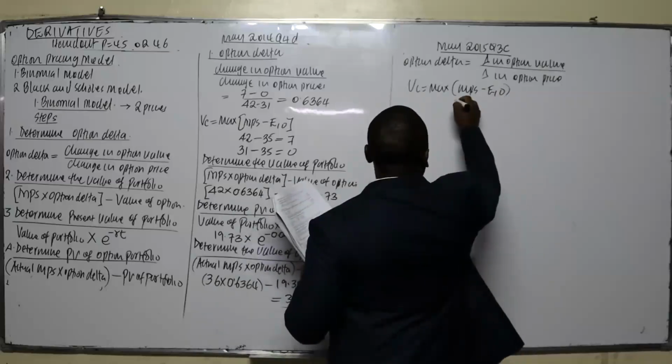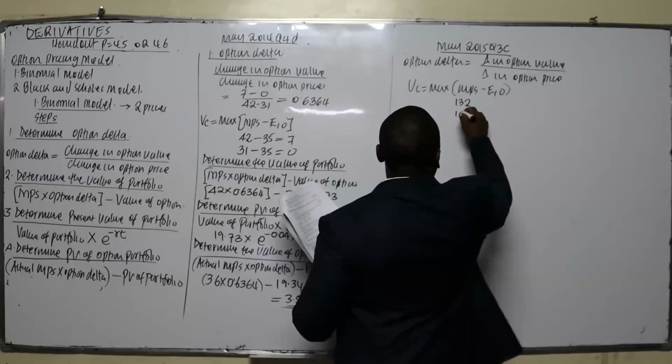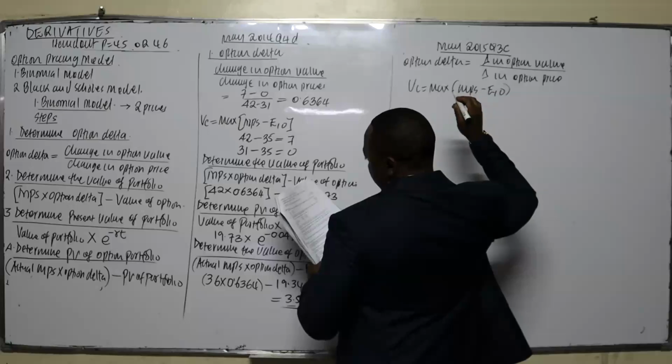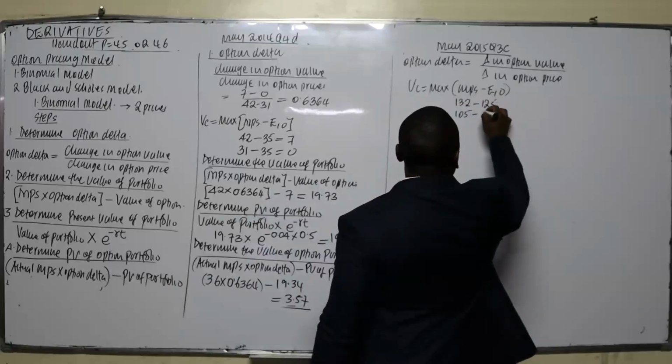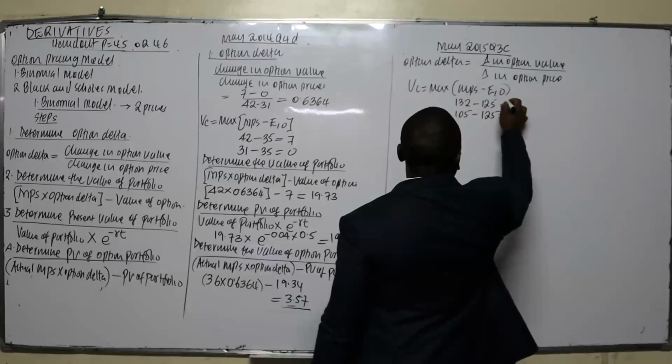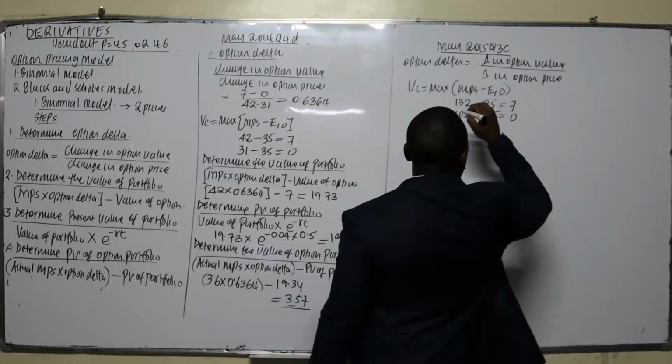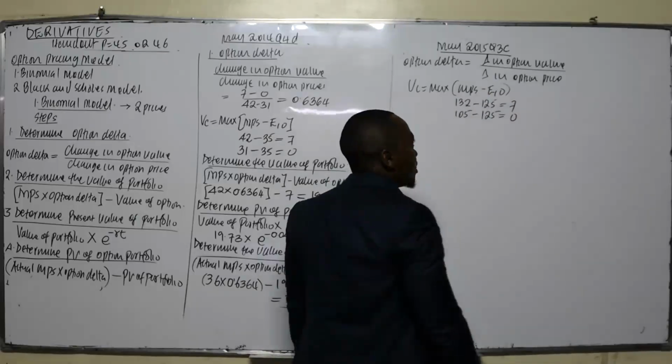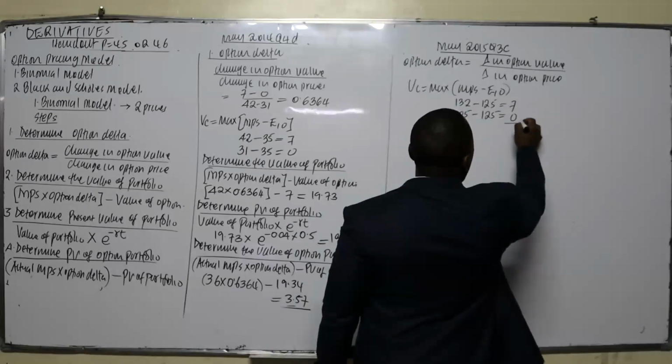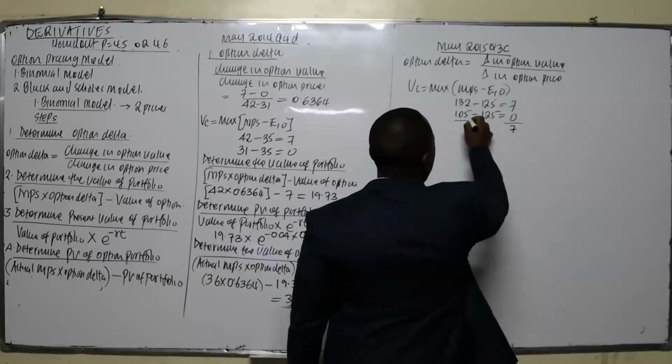The price can either be 132 or 105. And the exercise price we have is 125. So at 132 the value is 7, and at 105 this is 0. So you take the change in option value, 7 minus 0, you get 7.